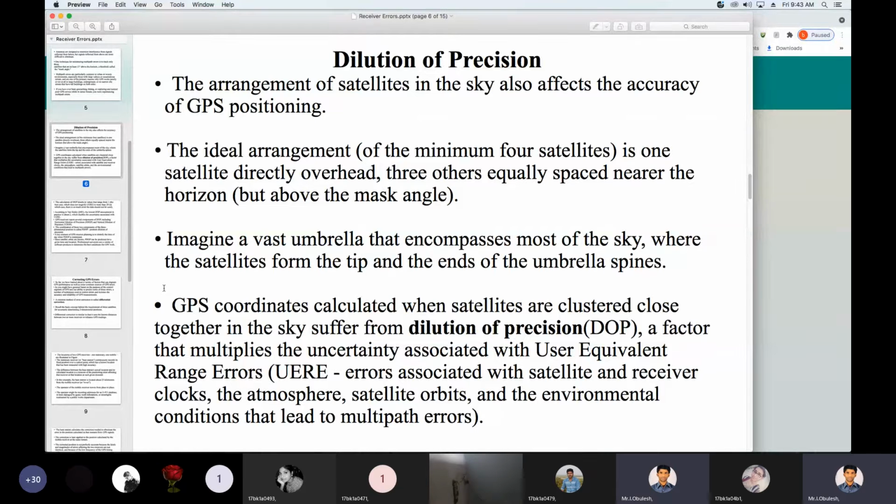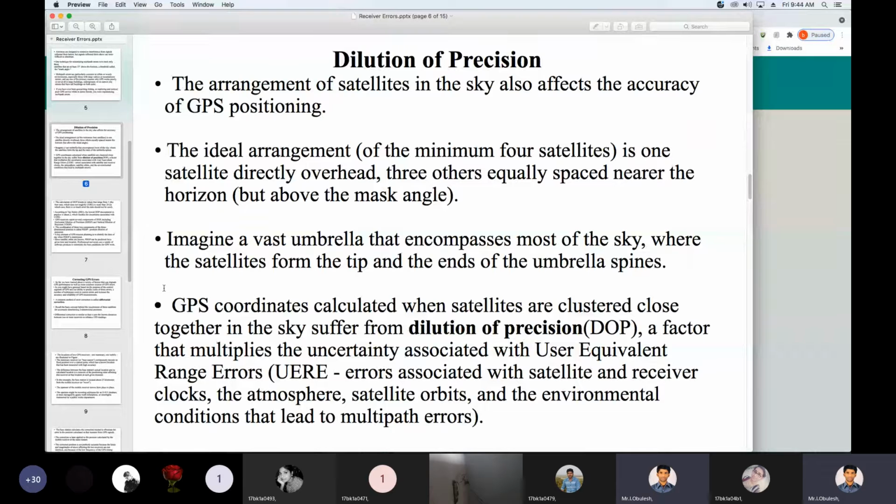The ideal arrangement is a minimum of four satellites: one directly overhead and three others equally spaced nearer the horizon, but above the mask angle only.